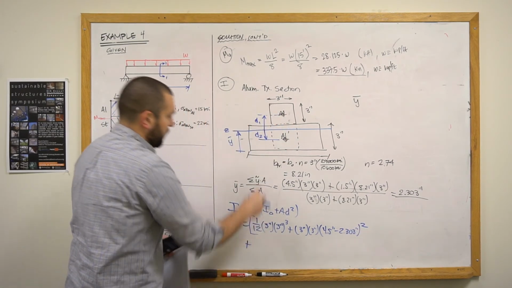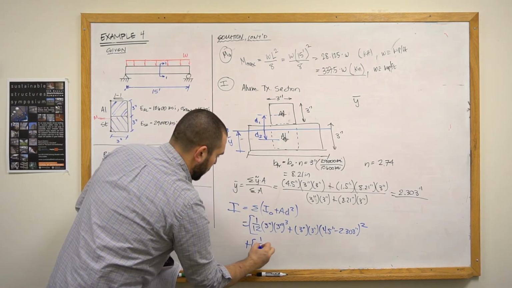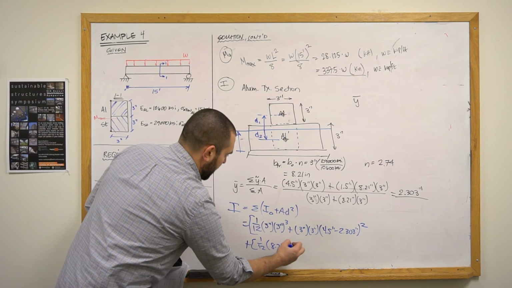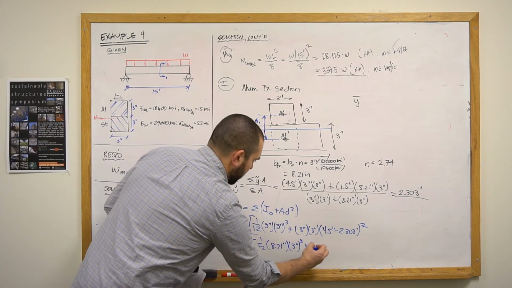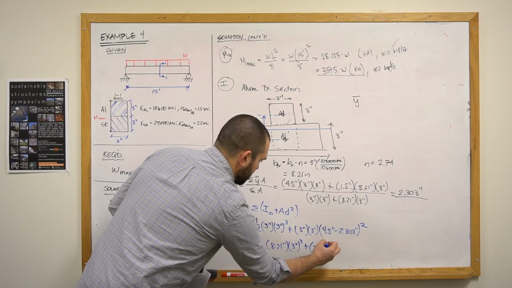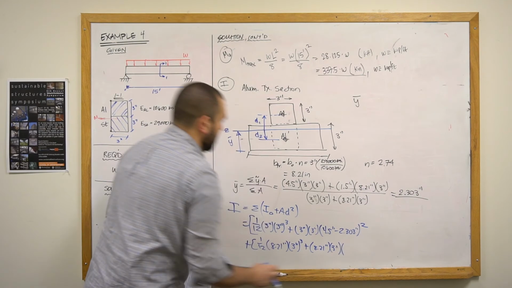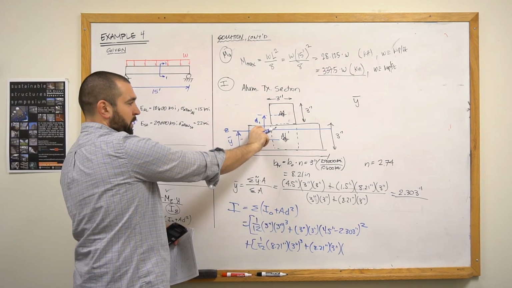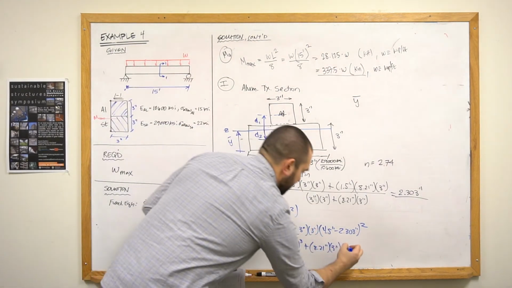Then plus all of the contributions from the bottom piece. So that'll be 1/12. The base is 8.21 inches. The height is 3 inches, and so that's cubed, plus the area, which is 8.21 inches, times the height, which is 3 inches, times the distance between these, this distance right here, would be 2.303 minus 1.5.